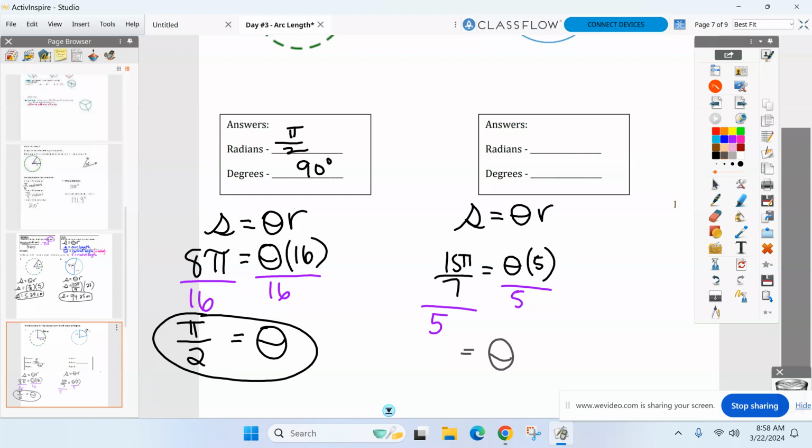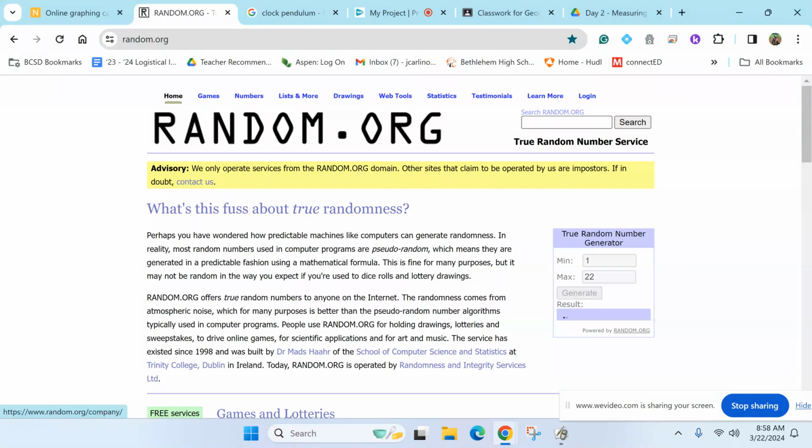So make sure 15 pi over 7 is on top and 5 is on the bottom of your fraction. What are you getting in radians in terms of pi?